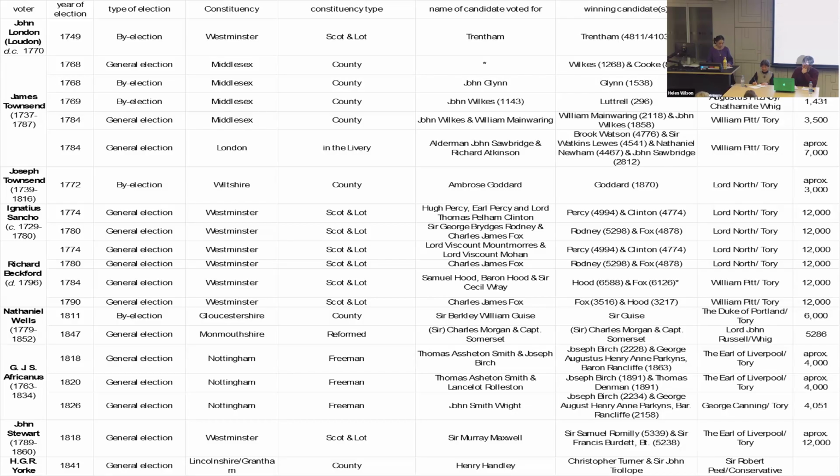The information recorded in each poll book varies from printer to printer, between constituencies and years. There will always be the name of the voter and who their vote was cast for. Other information can vary, reflecting the type of franchise.